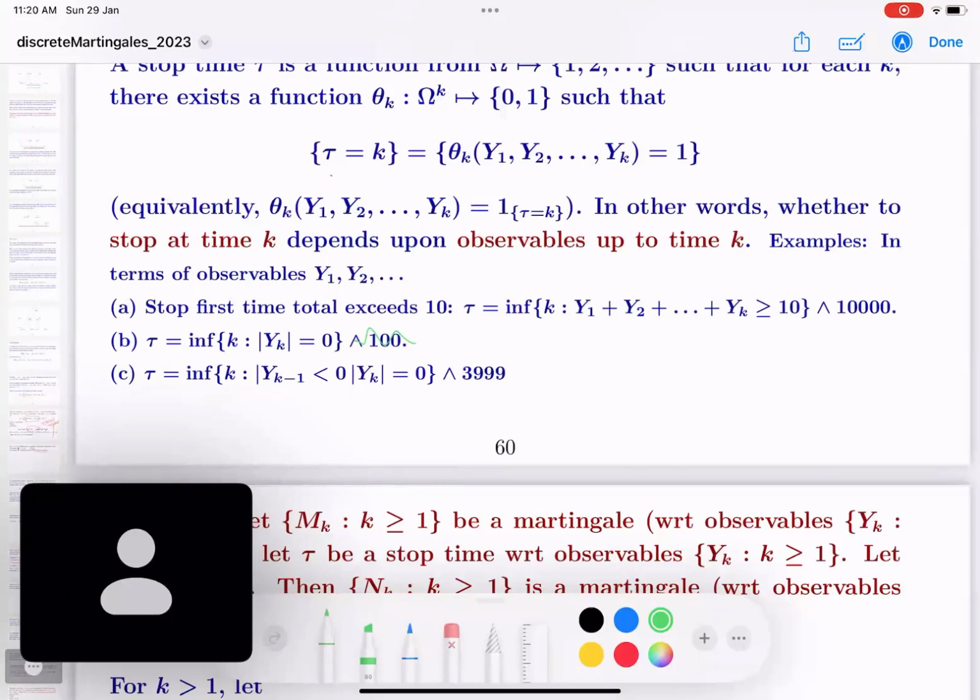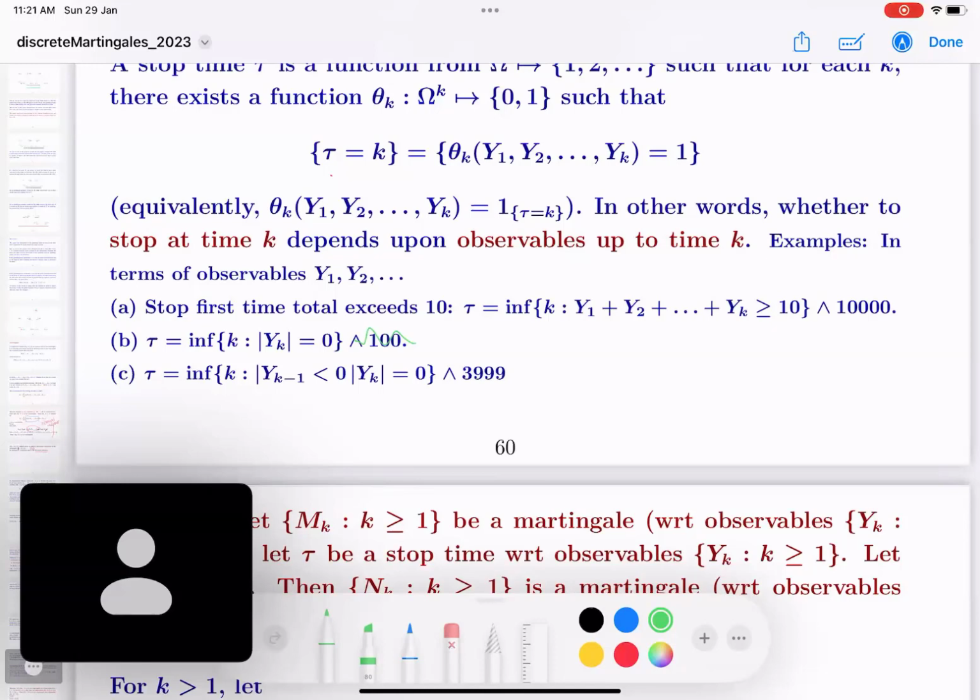So this morning we have defined these two notions. We have a sequence of observables, and then a sequence of martingale, submartingale, supermartingale with respect to those observables, and now a stop time with respect to the same sequence of observables.